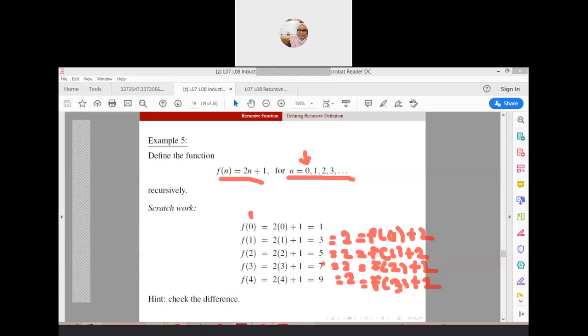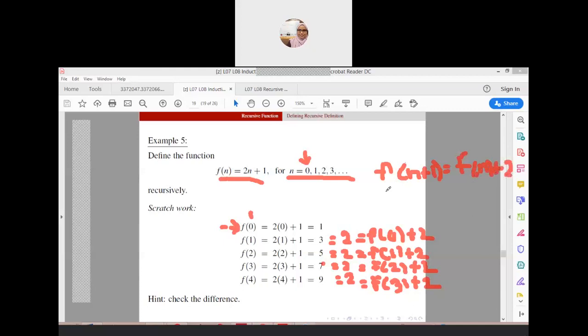Okay, so how can we get the formula? This is the basis step, right? Look at the first iteration, which is f(1). f(n+1) is equal to, we use the previous one, f(n) plus 2.